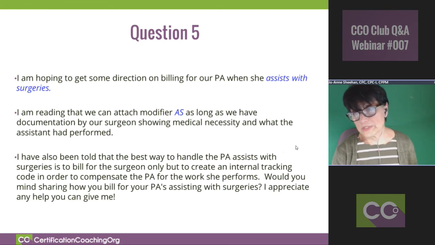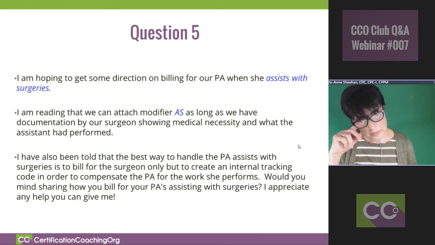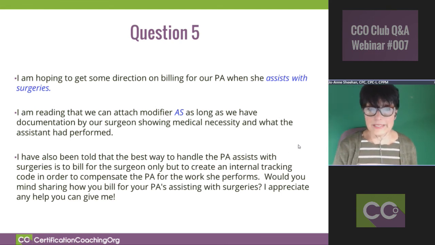So this is the question that was presented by our club member. I just broke it down a little bit so that you'd have a better view of it. I am hoping to get some direction on billing for our physician assistant when she assists with surgeries. I am reading that we can attach modifier AS as long as we have documentation by our surgeon showing medical necessity and what the assistant had performed.